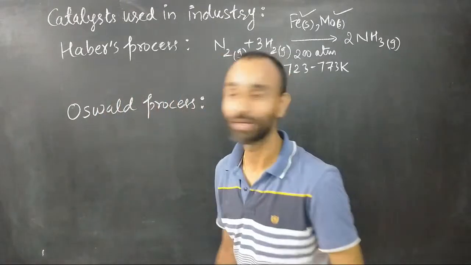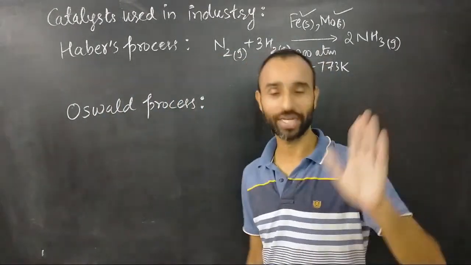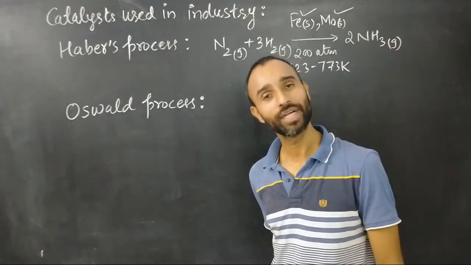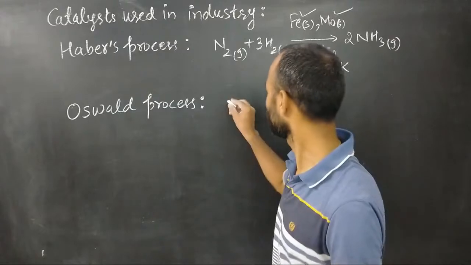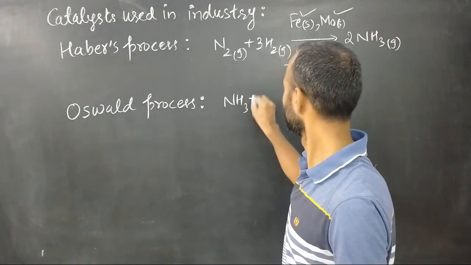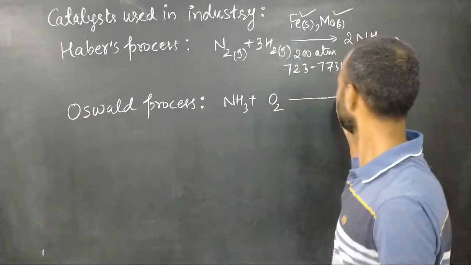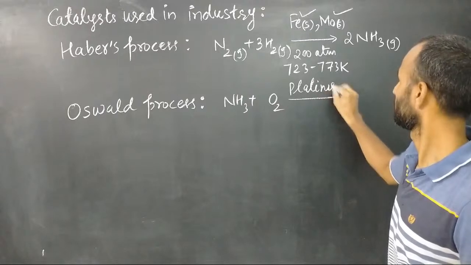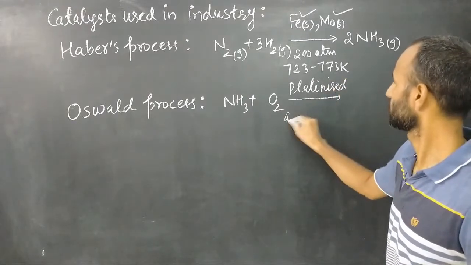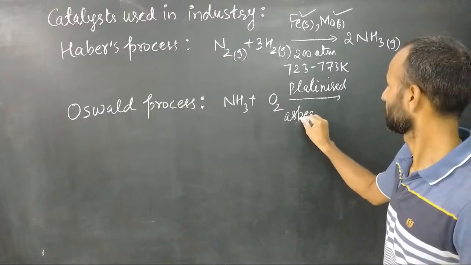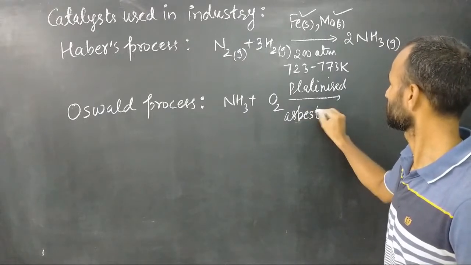Okay, so it is used for nitric acid actually. Ostwald process is used to prepare nitric acid. तो इसमें क्या होता है, फर्स्ट ऑफ ऑल अमोनिया, it is oxidized in the presence of platinized asbestos. ठीक है.